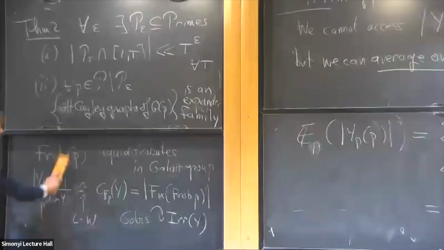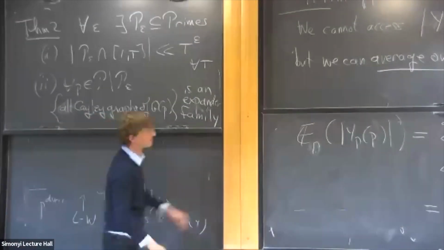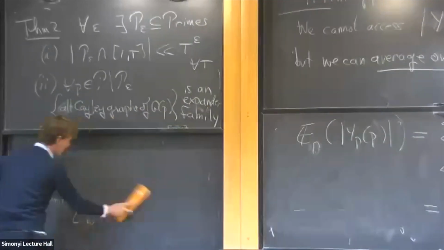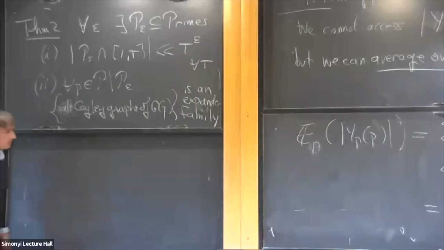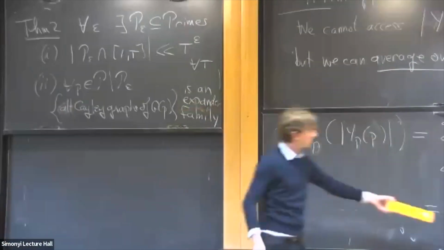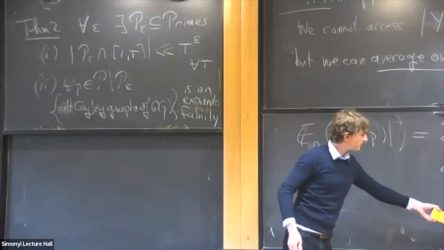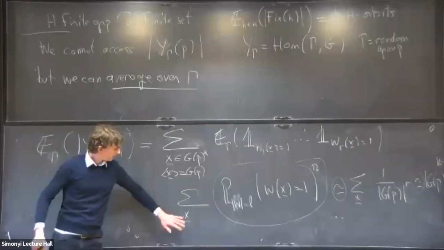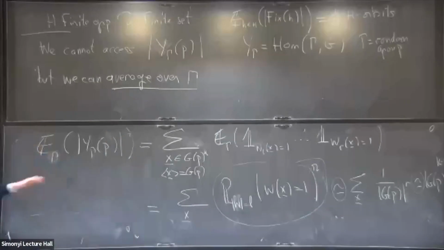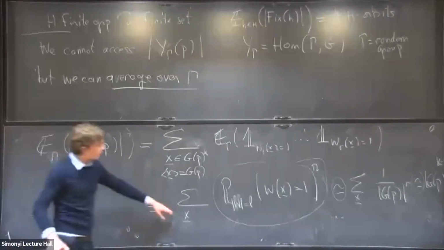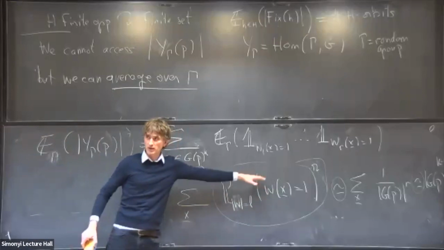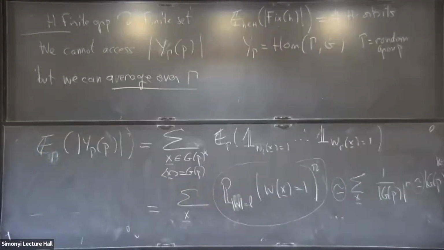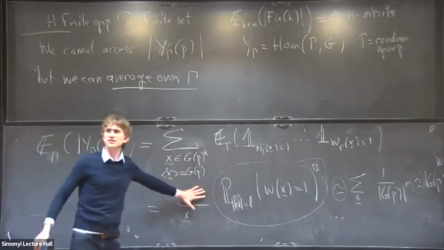And this is absolutely needed to be able to carry out the argument that I sketched on the board, because here you sum over all points, and if you were unlucky and an X bar would lead to a non-expander, which would not equidistribute fast, then this would completely ruin this estimate.